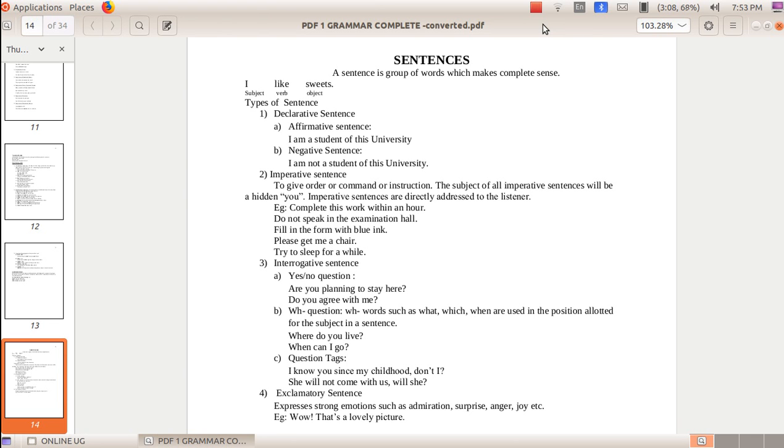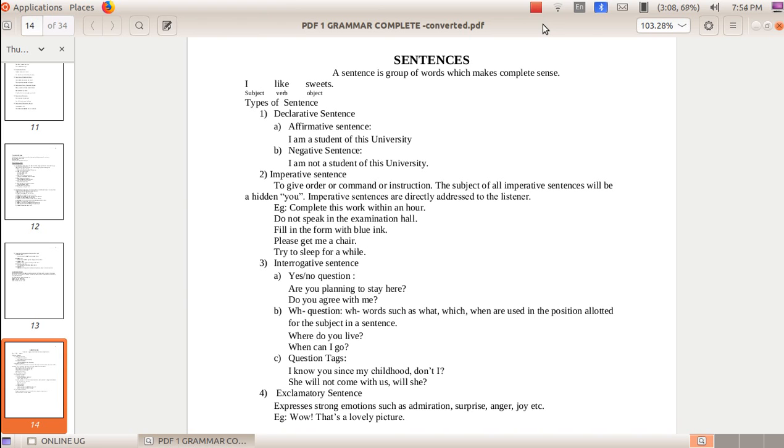As it is directly addressed to someone else, whether ordering, commanding, requesting or instructing, you are talking directly, so the subject occurs in a hidden manner. It is there, but we cannot always see it. See, in the first two sentences, if you want, you can see with the examples. I am a student of the university. The subject you can see there very directly.